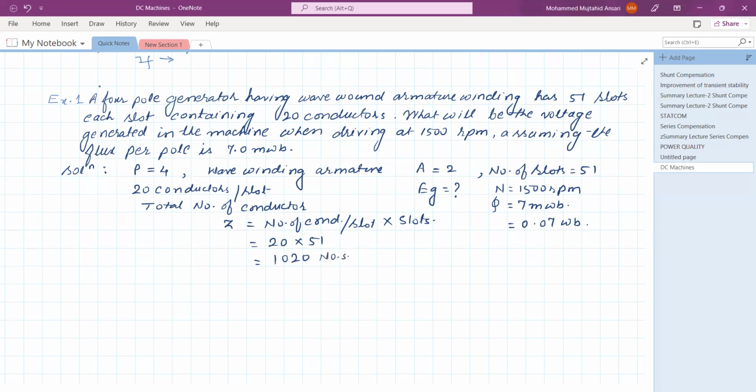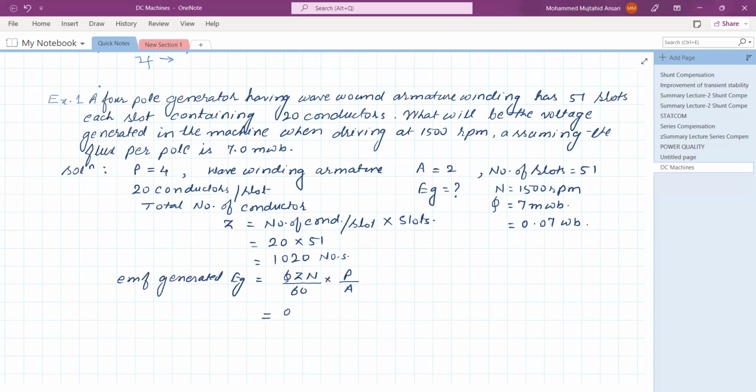Okay. Now the EMF generated equation: EG is equal to phi ZNP upon 60A, isn't it? So put these values.